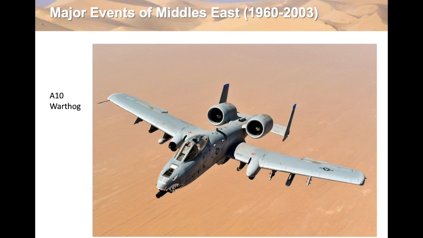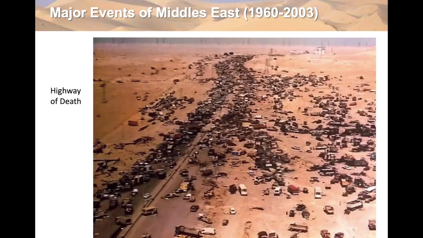This cannon is really long within the plane itself, so basically they built the plane around the cannon. It's a rotary type gun, kind of like a Gatling gun, with a lot of barrels. There's a picture of the Highway of Death.